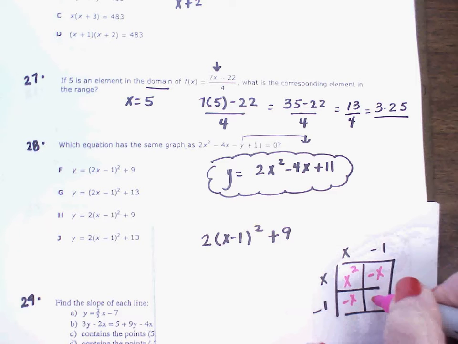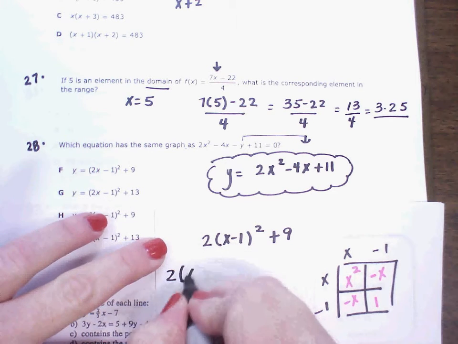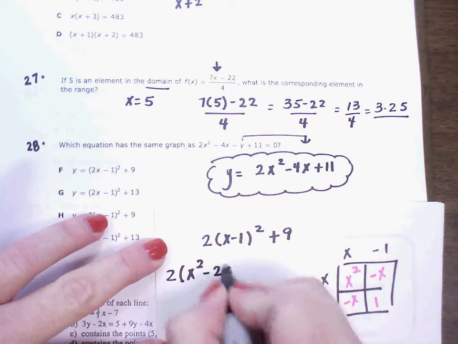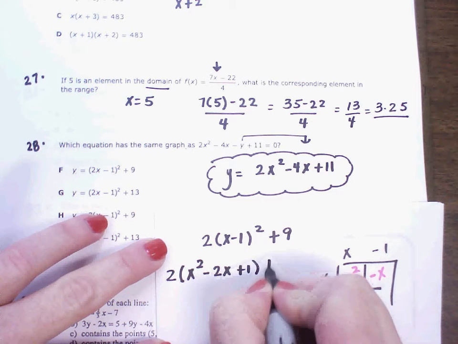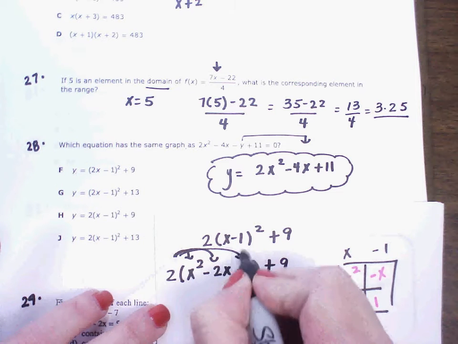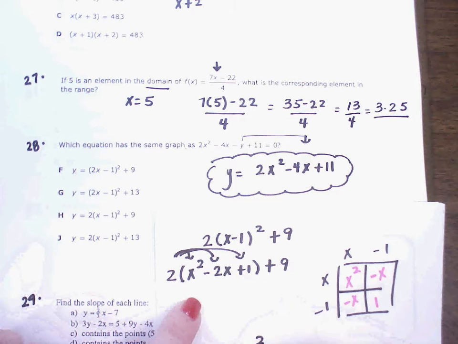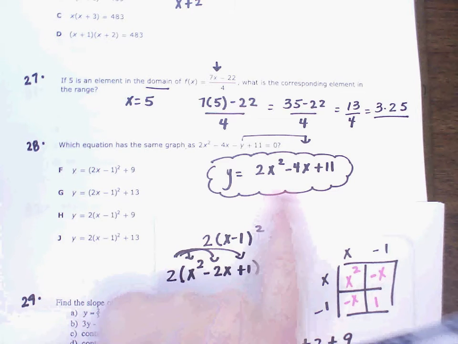X squared minus x, and 1. So from there you get x squared minus 2x plus 1 plus 9. Now I'm going to go ahead and distribute that 2. So this would be 2x squared minus 4x plus 2 plus 9, and there's your 11, and boom, there it is.